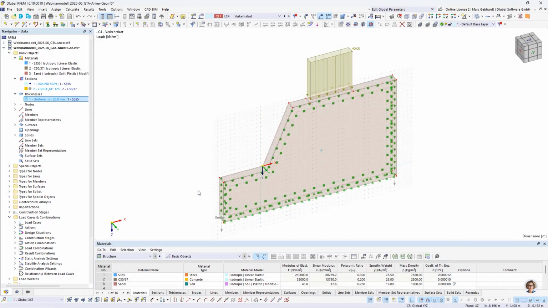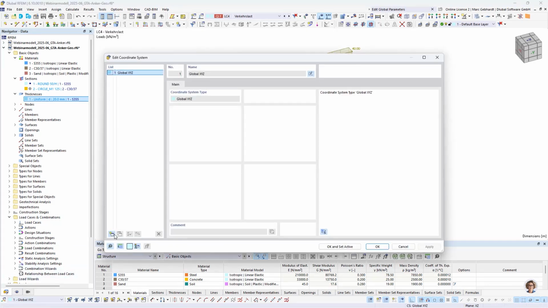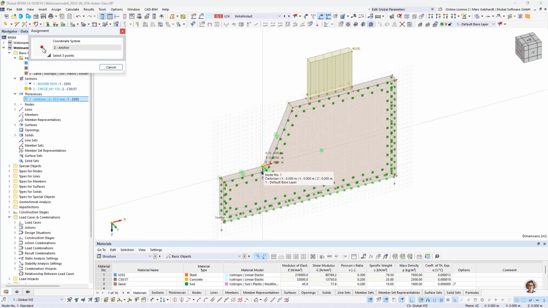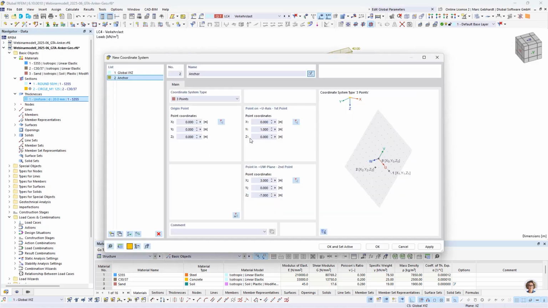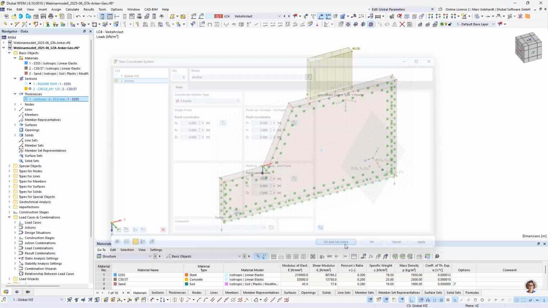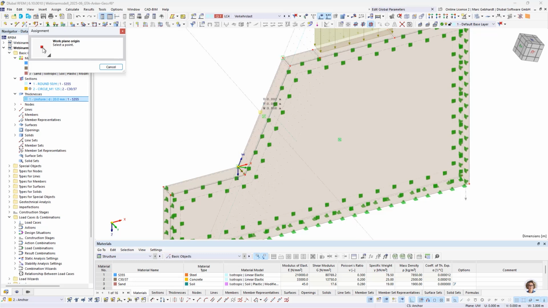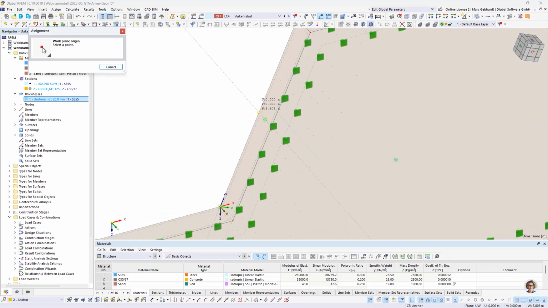So we start with a new coordinate system and call it anchor, and select it by 3 points: the origin, right direction, and this upper top of the slope. Set it active, and now continue with the origin, and we want the first anchor to be in the middle of the slope.